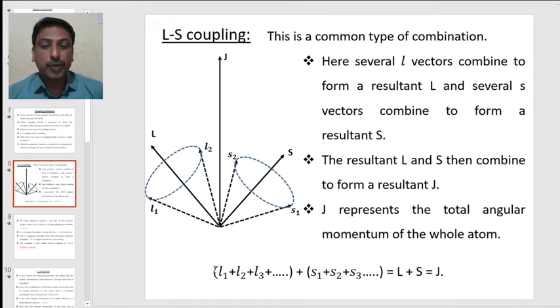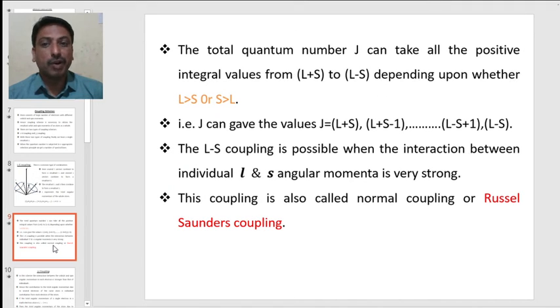Here you can see that we add all orbital angular momenta and all spin angular momenta, which gives the resultant L and resultant S. Finally, adding L plus S, we obtain the total angular momentum of an atom.